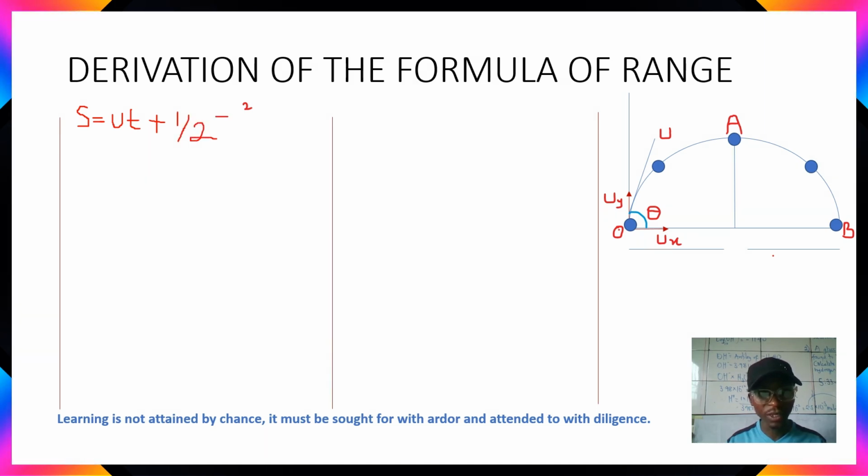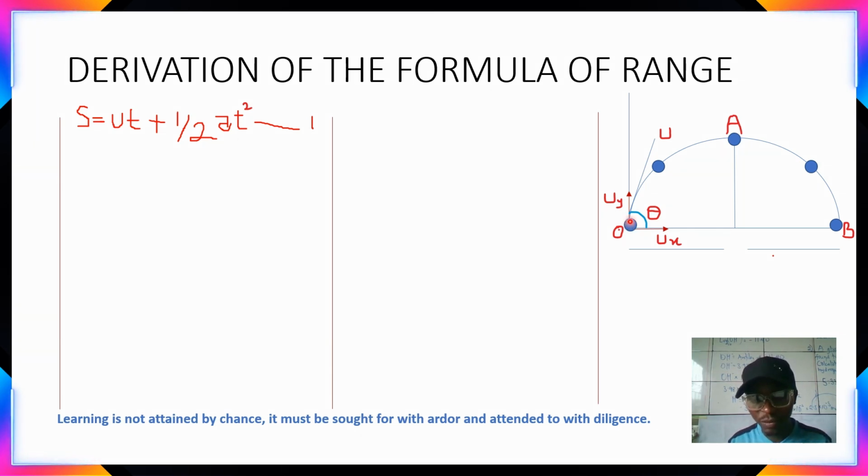So this is actually the equation that we shall be using to derive the range of projectile. So let's call this equation 1. Then our S is actually the distance covered by this projectile, but because we are looking for the range, which is the horizontal distance, that implies that we have to resolve the distance covered by this projectile into two components.